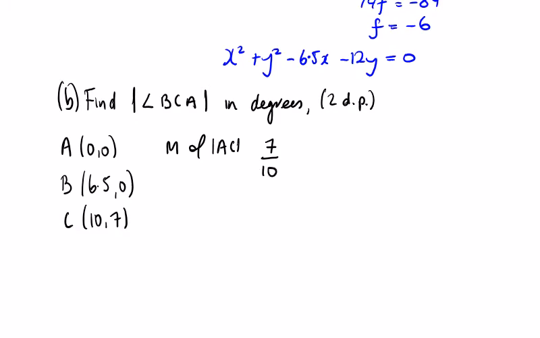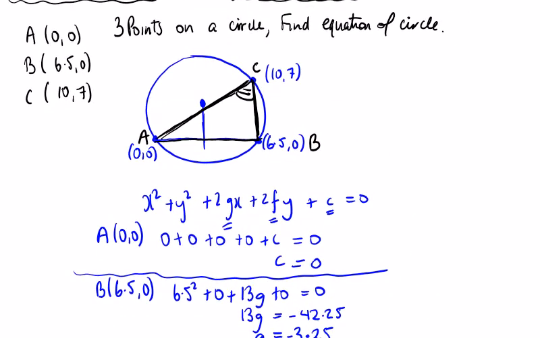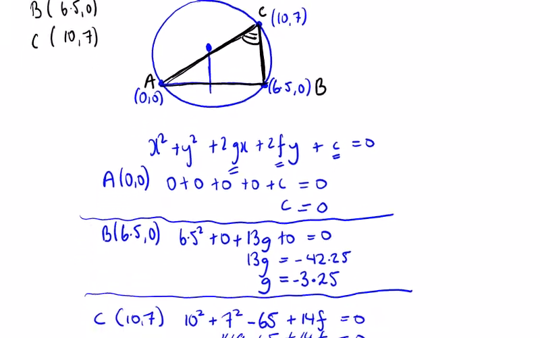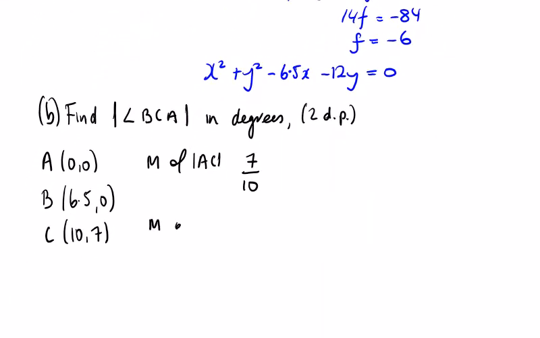And you can see that this is a positive slope from the diagram. Now it is a sketch, but it's close enough. BC will be increasing in x and increasing in y, so BC will also be positive. So the slope of BC, change in y is 7 over the change in x, which is 3.5, so that's equal to 2.